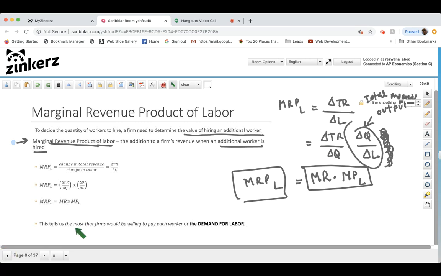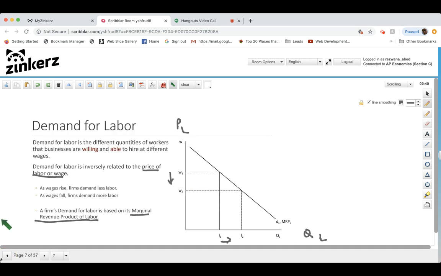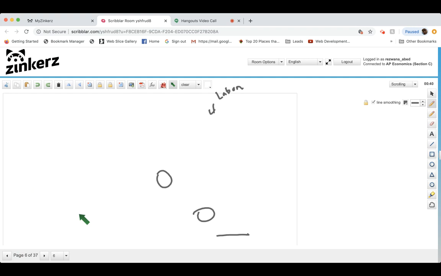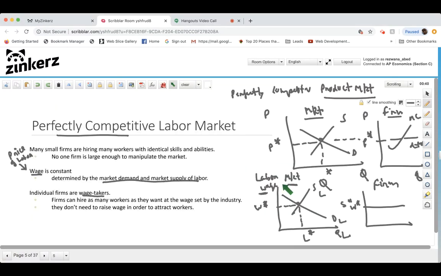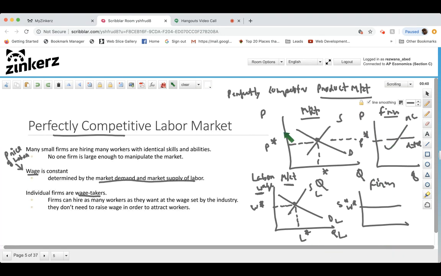In a perfectly competitive product market, remember I showed you this graph. What does that show us? The price is determined at the market, and firms are price takers. They have to accept this market price as given, and this is their demand curve, which is perfectly elastic.